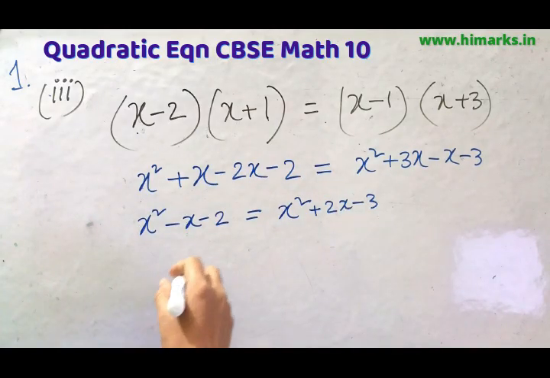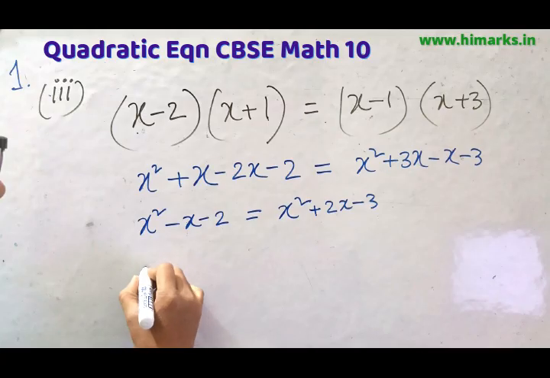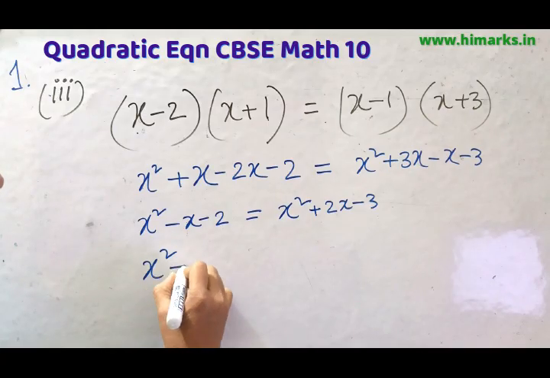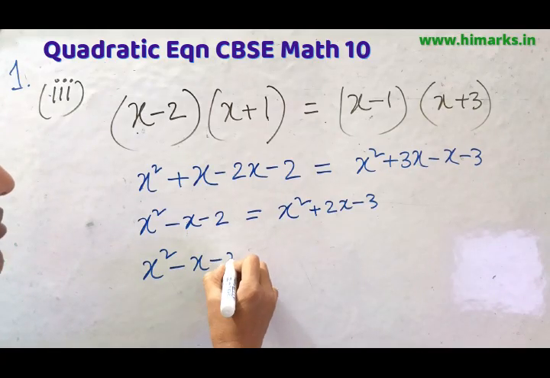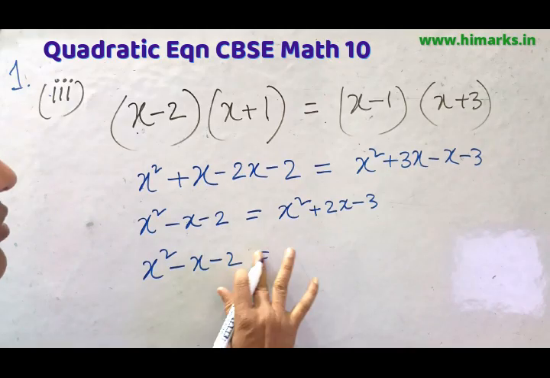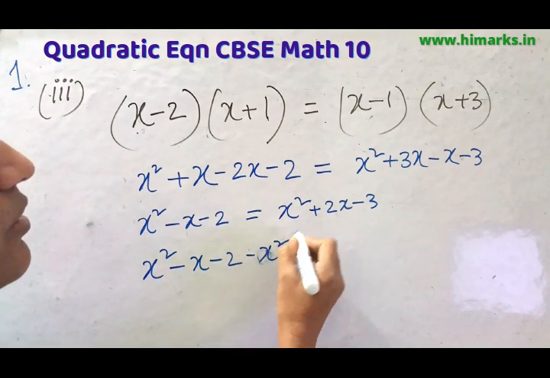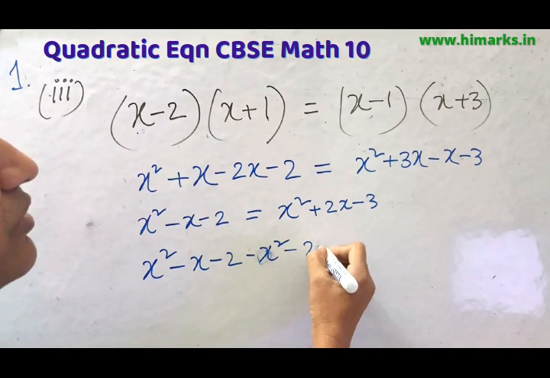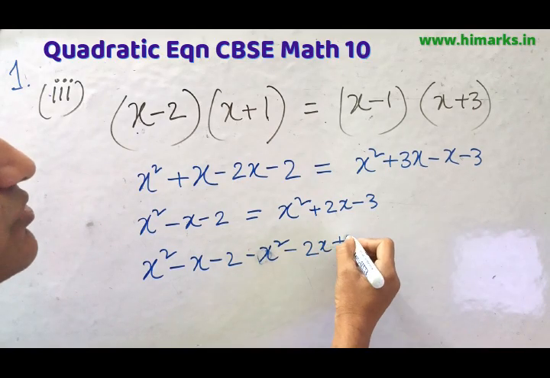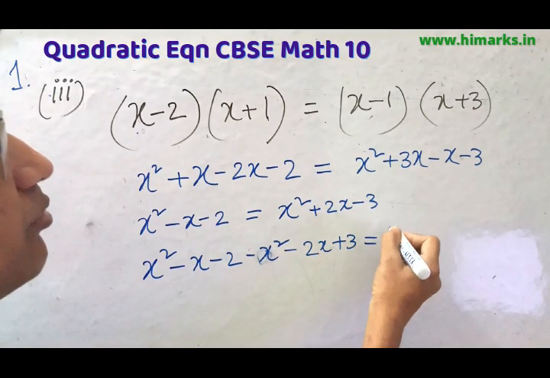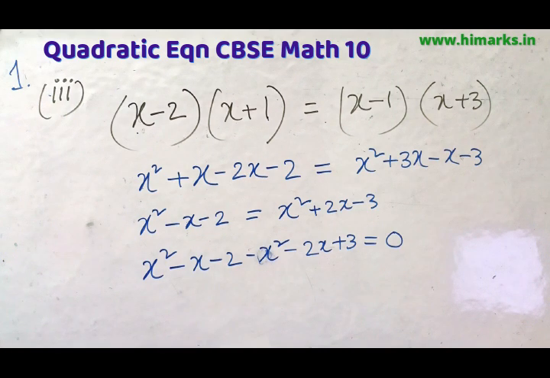Next step is to bring everything to the same side, the left side: x square minus x minus 2. So we are bringing this side, so minus x square minus 2x and plus 3. We bring everything to the left side of the equal sign.